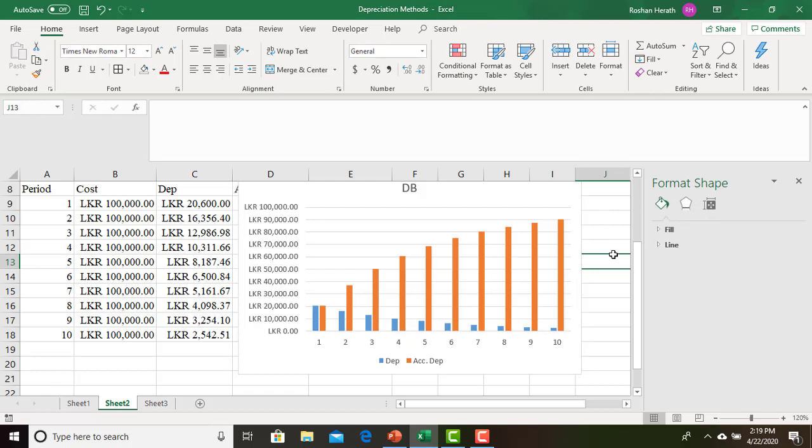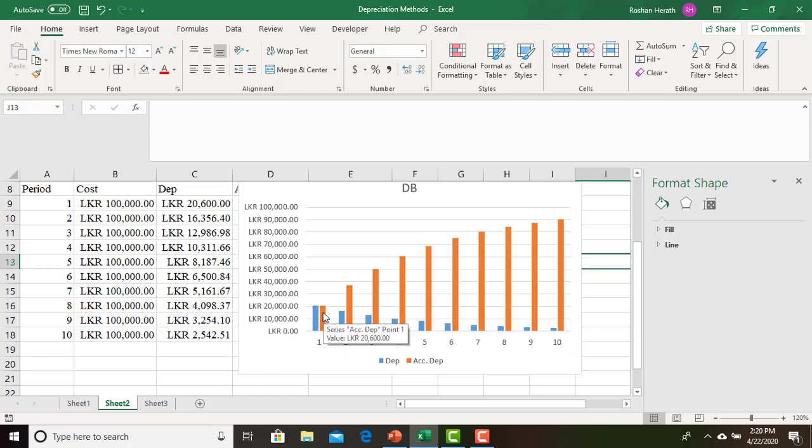This time you may notice some important difference. In the initial ages, higher depreciation is charged, but when the asset ages, the depreciation is systematically reducing. You can see that depreciation is constantly reducing.